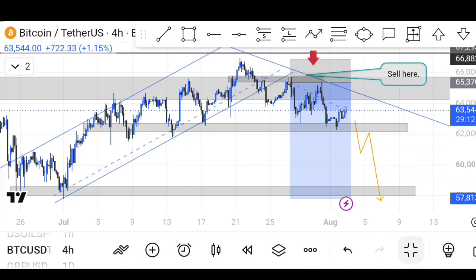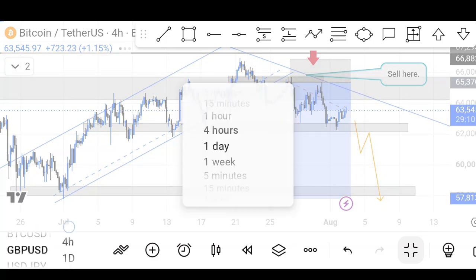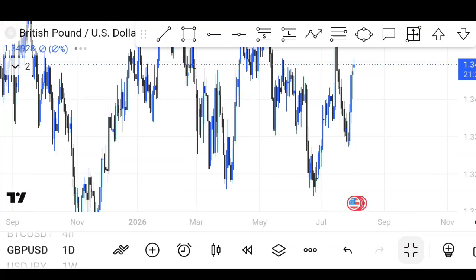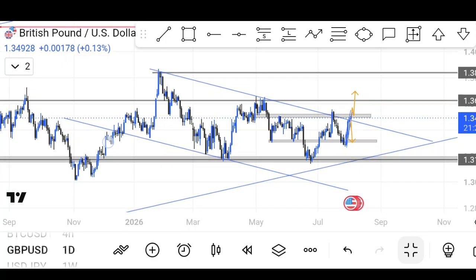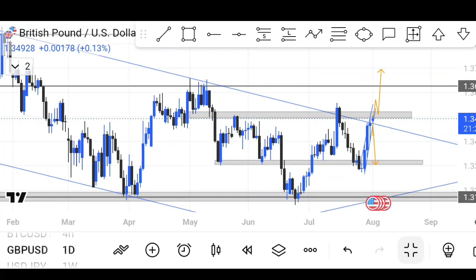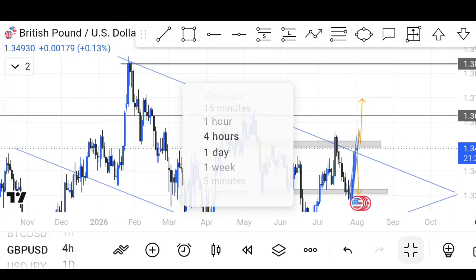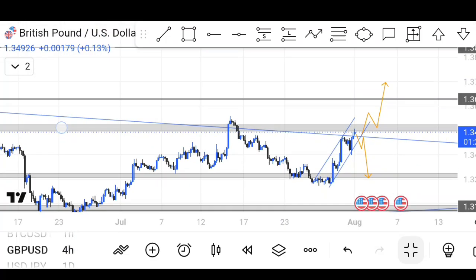So I'm just going to move quickly to GBPUSD. For the week, what do we have? On the daily time frame, we can see that price has broken out of our downtrending trend line that we have here, but we are still not going to be in a haste, right?